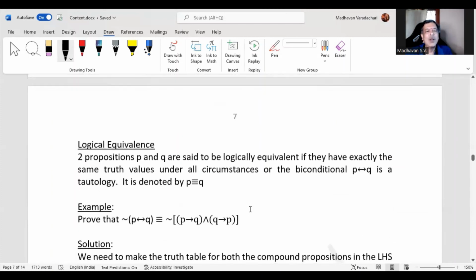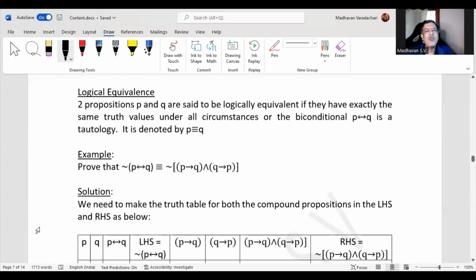Then comes logical equivalence. What do we mean by logical equivalence? Two propositions P and Q are said to be logically equivalent if they have exactly the same truth values under all circumstances, or the biconditional P double implication Q is a tautology. It is denoted by P, three horizontal lines, Q. Now for understanding this, let us consider the following example.